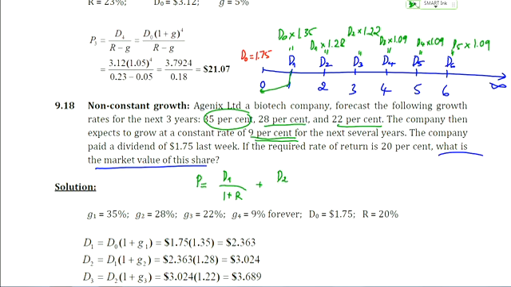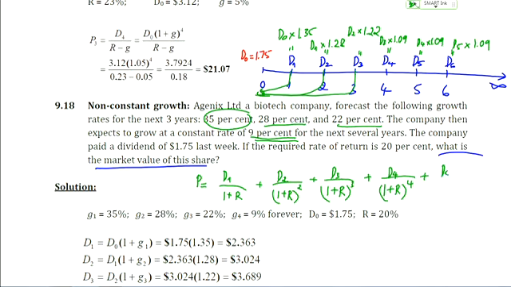D2, 1 plus R to the power of 2. You discount it back to present. Plus D3, 1 plus R to the power of 3. Agree? And you keep doing that. D4, 1 plus R to the power of 4. D5, 1 plus R to the power of 5.